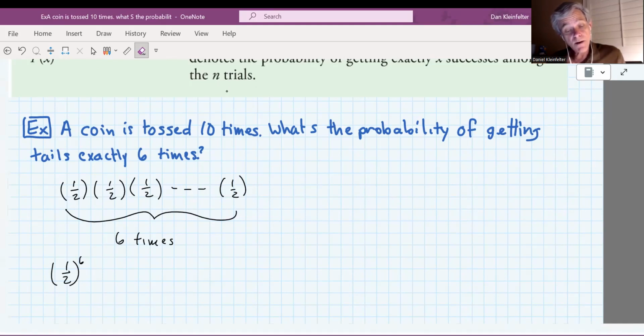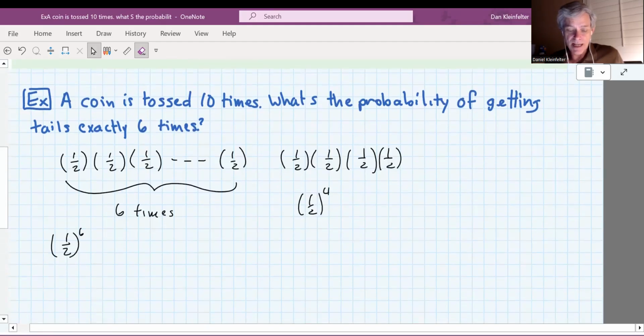If it's going to come up tails exactly 6 times, then it has to come up heads the other 4 times. And we'd need that to occur 4 times. Each one has probability 1/2. And so that's going to be 1/2 raised to the 4th power.